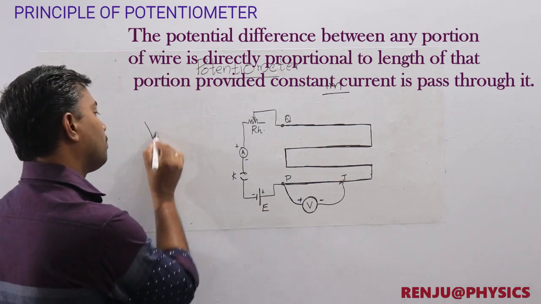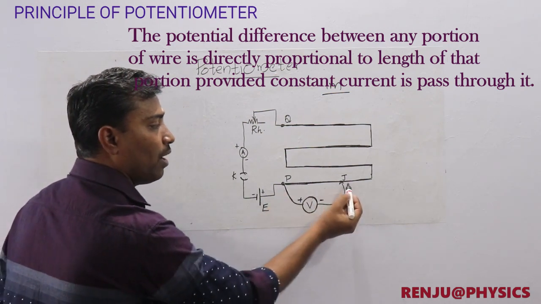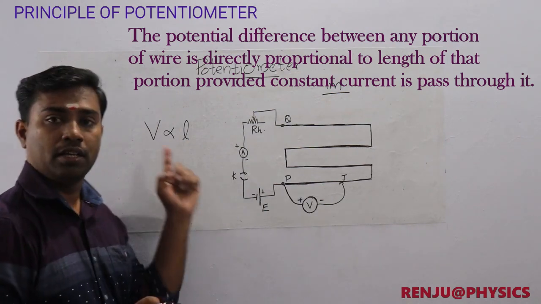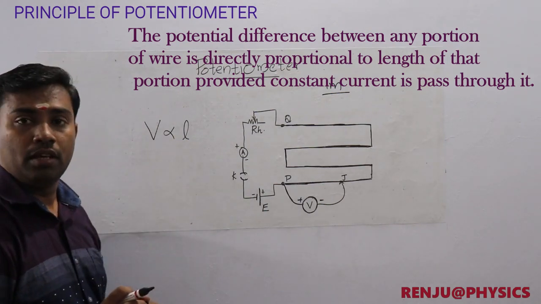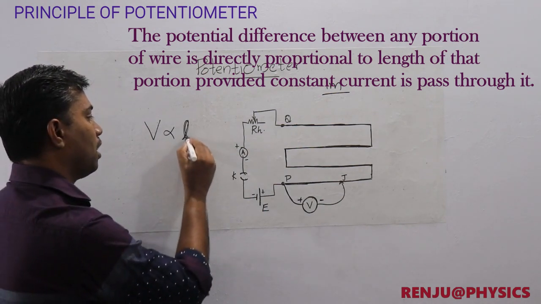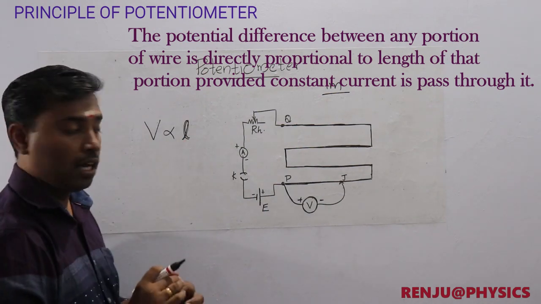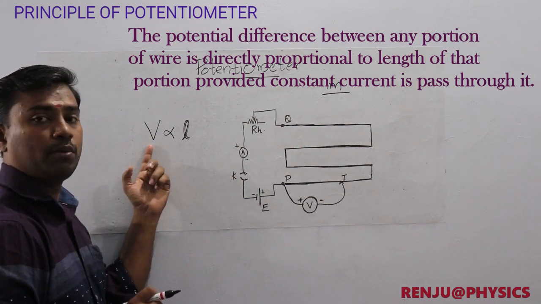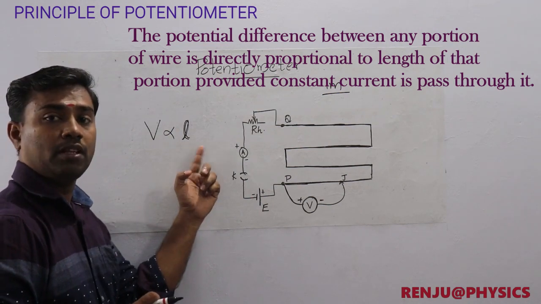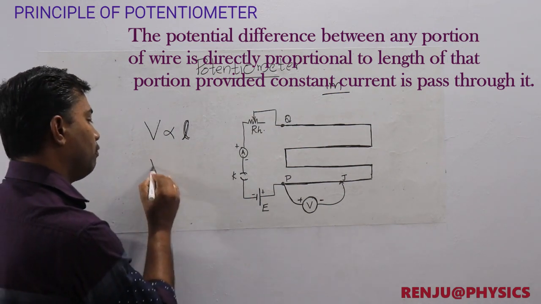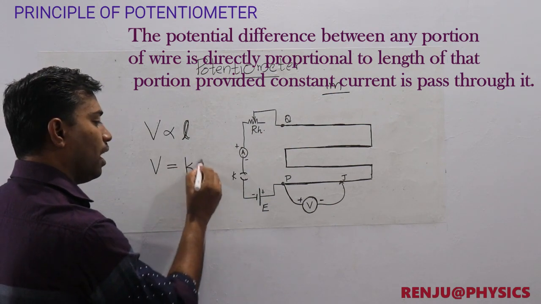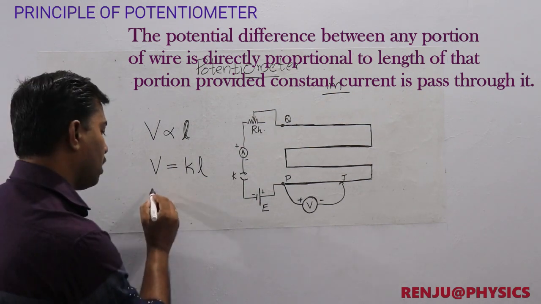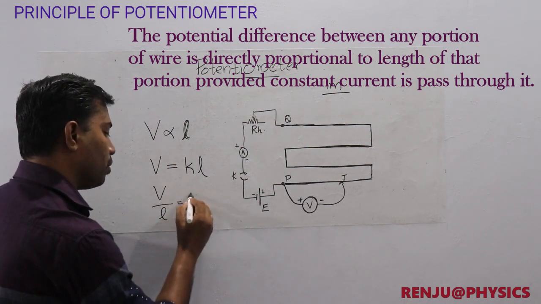Suppose V is the potential drop across 2 points and L is the length between those 2 points. Then V is proportional to L, so V = KL, where K is a constant. From this, V/L = K.